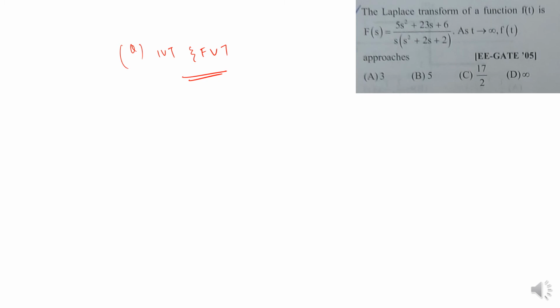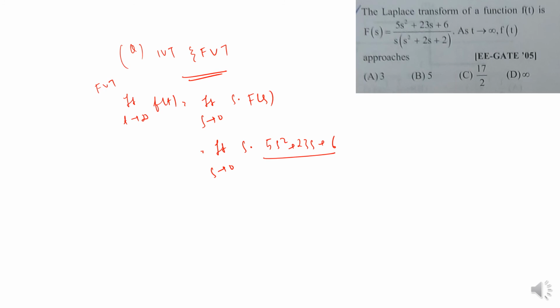As t tends to infinity, this is the final value theorem: limit t tends to infinity f of t is equal to limit s tends to 0 s into F of s. Limit s tends to 0 s into F of s, what is that? (5s square plus 23s plus 6) by s into (s square plus 2s plus 2).